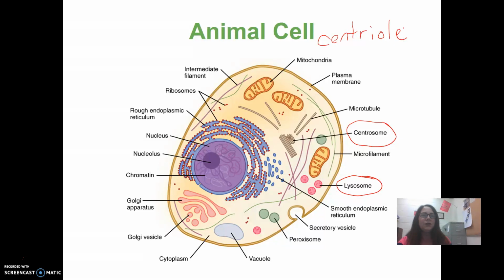Two of those centrioles make a centrosome, and plant cells don't have that. The purpose of a centrosome or centrioles is to assist during cell division in lining up the chromosomes and then splitting them apart so that each new cell has a copy of the chromosomes from the old cell. So plants are still able to do that. They just don't use centrosomes to do it.